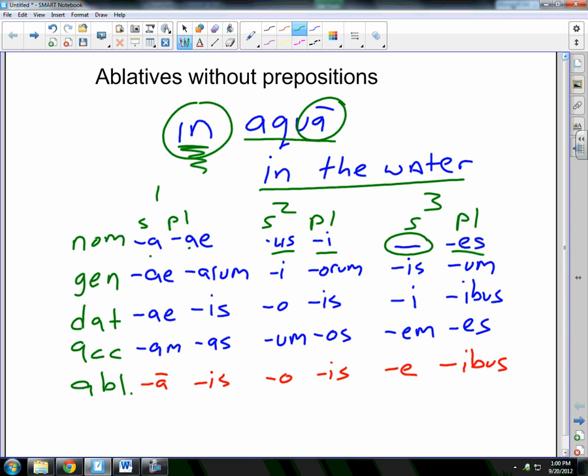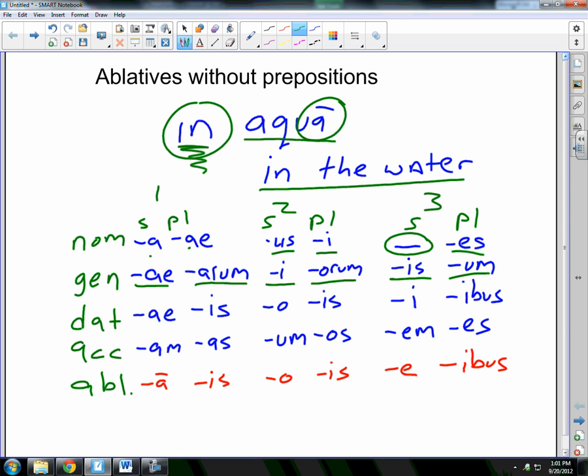The plural is ES. For the genitive case, our singular for the first declension is AE, and our plural is ARUM. For the second declension genitive singular, we have I. The plural is ORUM. For the third declension singular, we have IS and UM as the plural.